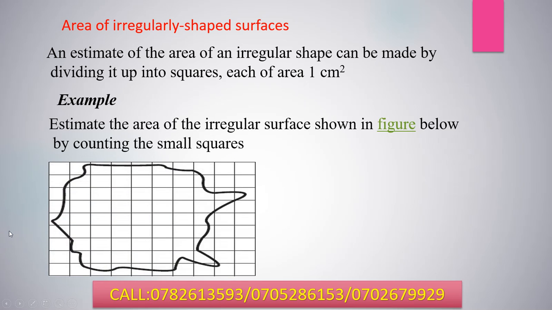Now if we have this irregular surface here, we get a graph paper which has squares, and each square here is 1 centimeter squared. Then we are going to count the full squares.